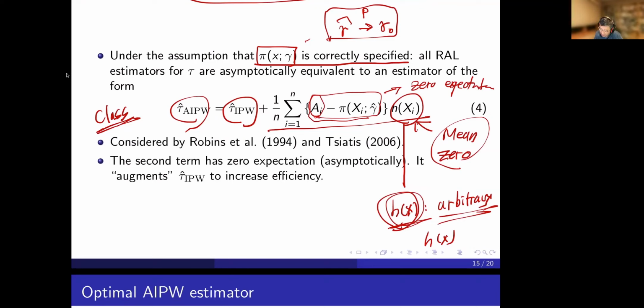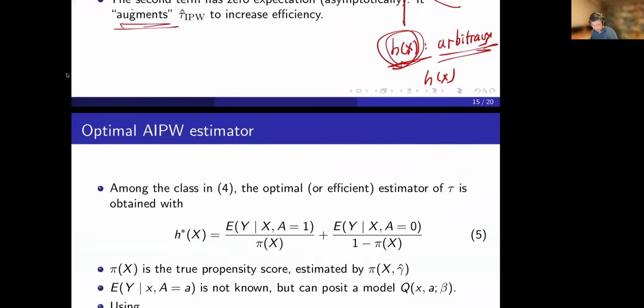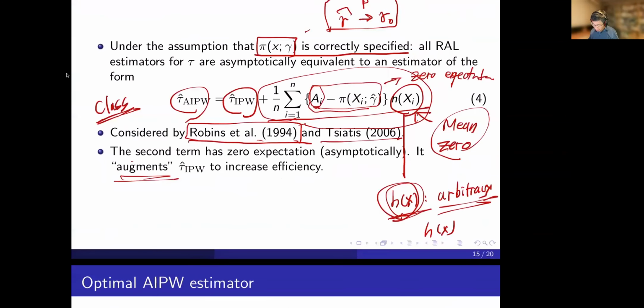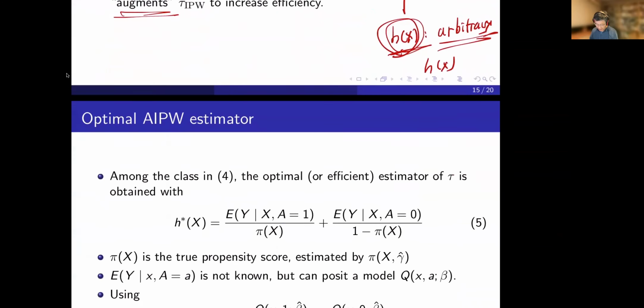That is the research question originally considered by James Robins and his colleagues, and later by Tsiatis. The second term is essentially the augmentation space.